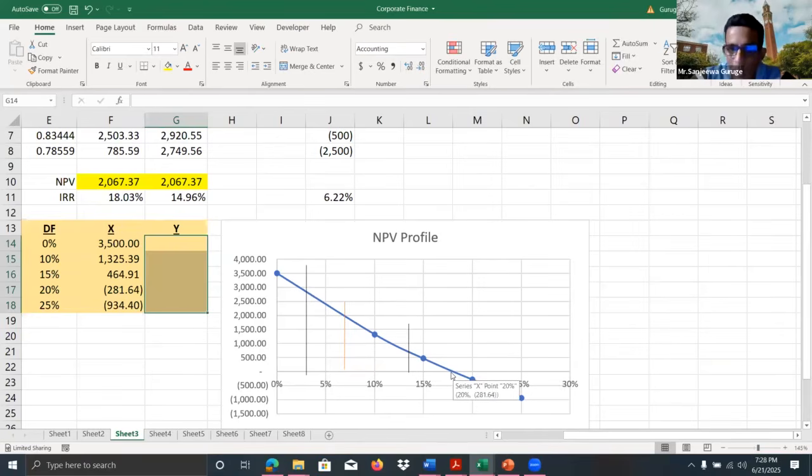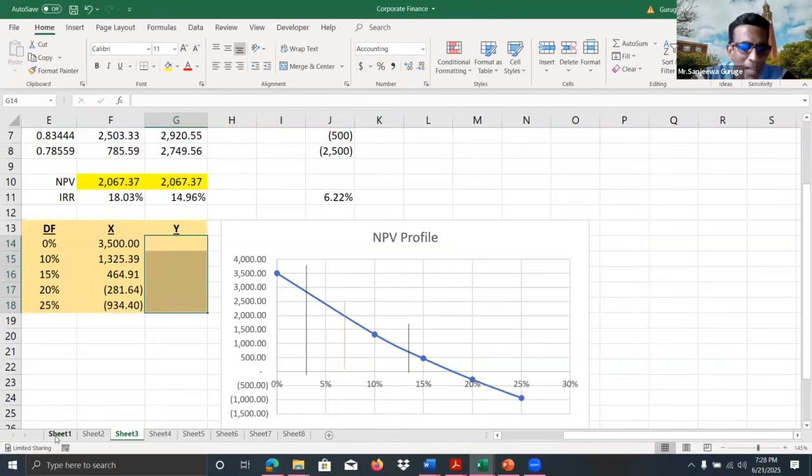This is IRR. And at any cost of capital less than IRR, what is the nature of NPV? NPV is positive, right? When the cost of capital is less than IRR, NPV is positive. And this is IRR, and if the cost of capital is more, NPV is negative.